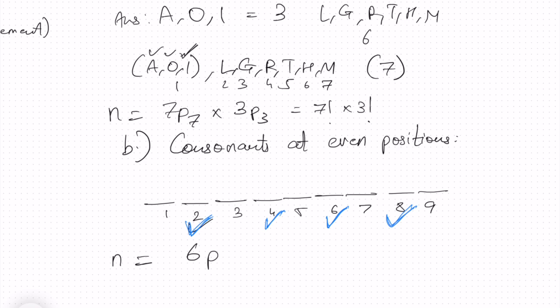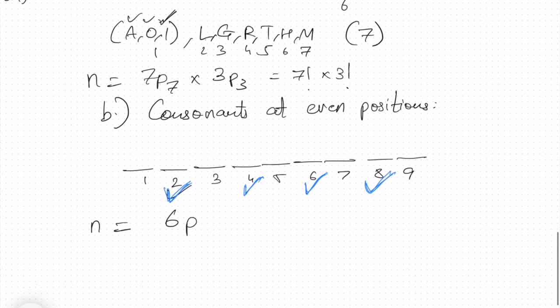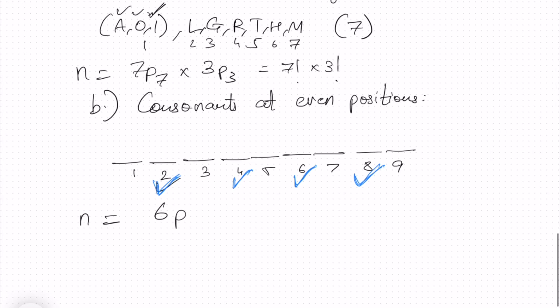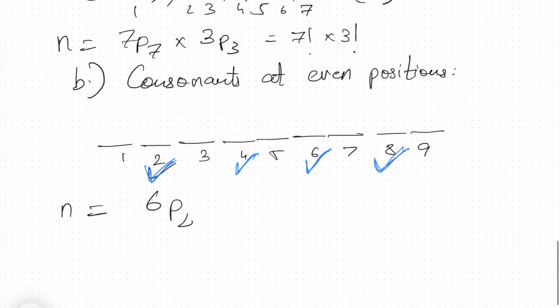So I have to select the 4 consonants out of 6, and then I also must arrange them, right? So 6P4.